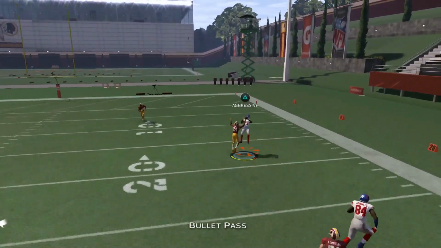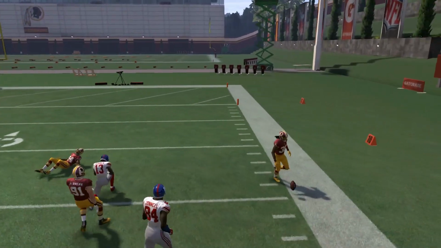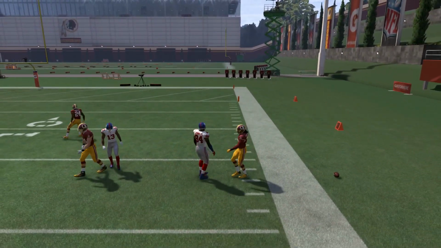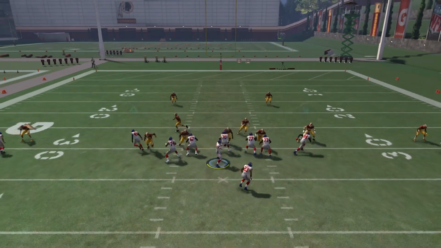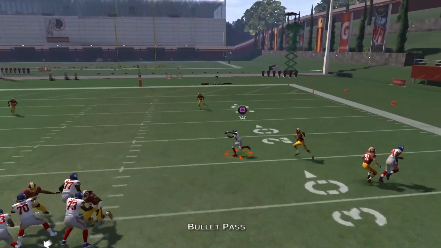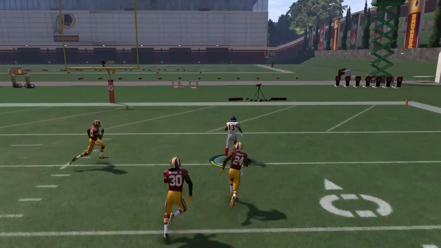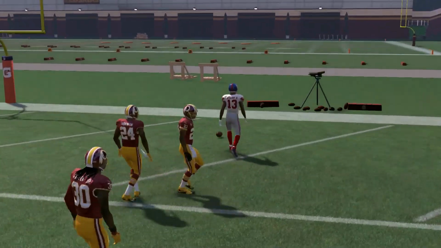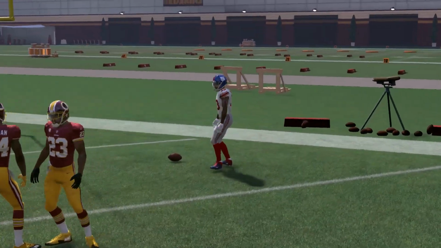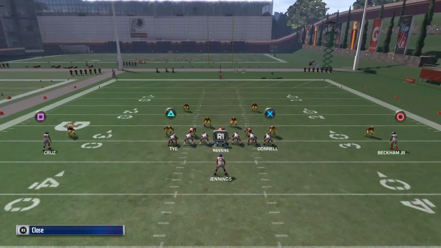You know, you watch the NFL, you see how that's a nice interaction right there. But you see what I'm saying? The interaction is driven by a triggered animation more so than the animation being triggered by the way they interact. And that's what I want to see. That's what I want to see going forward.